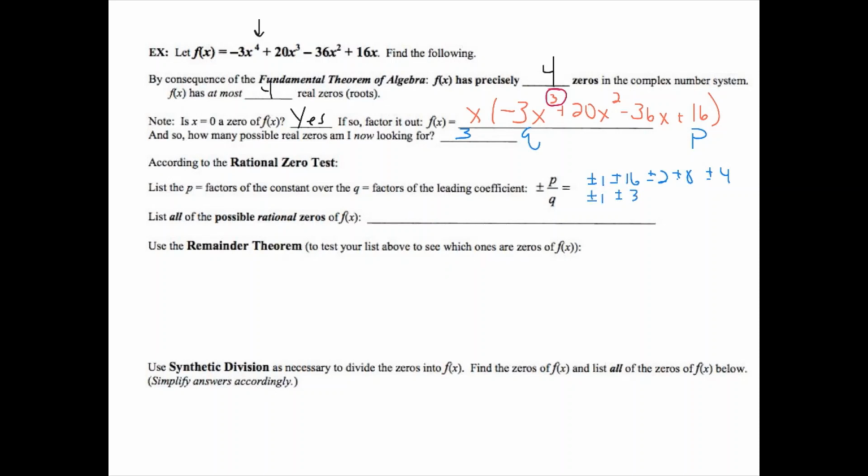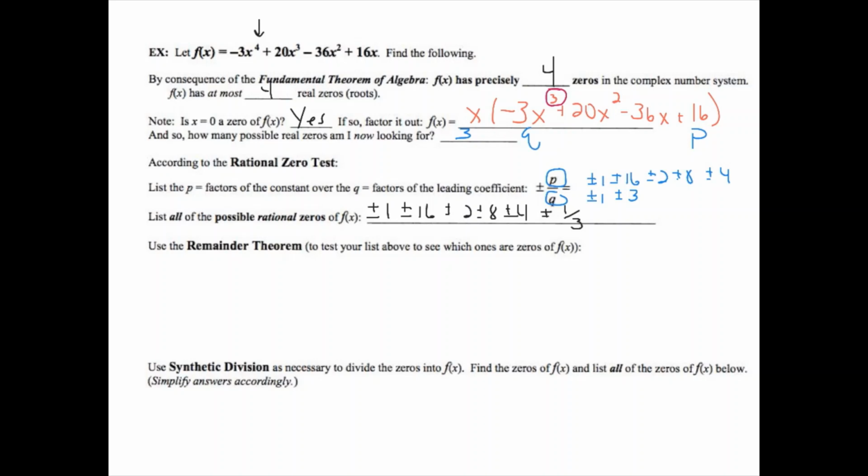So now I'm going to divide all the factors of p by all the factors of q. I'm going to take 1 through 4, and divide them by 1, and then divide them by 3. So I have a lot of possibilities this time. I have 1, 16, 2, 8, 4, and these are both plus and minus, but then I'll divide them all by 3.